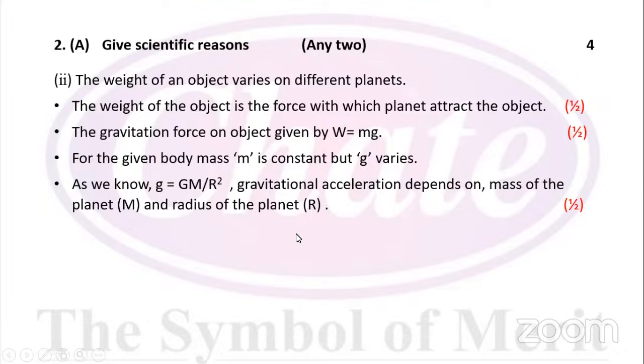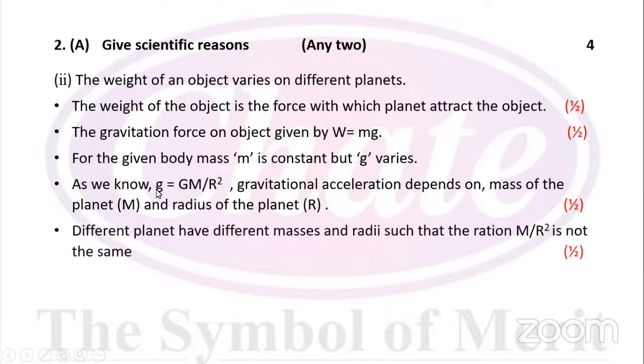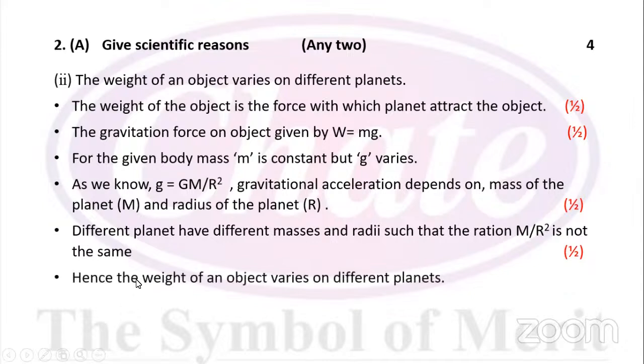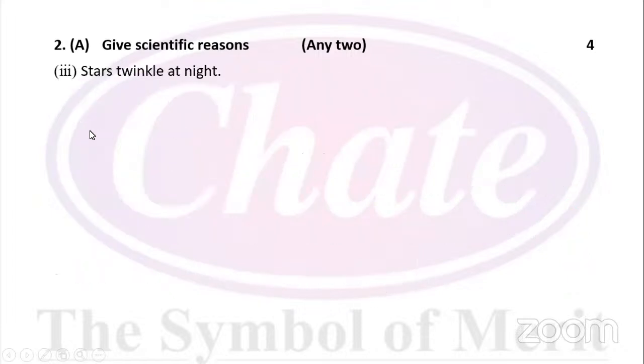If the mass is different, that means the planet is different or the place is different, it will impact the value of g. So different planets have different masses and radii such that the ratio M upon R square is not the same. Hence, the weight of an object varies on different planets. Okay, so that is the reason.